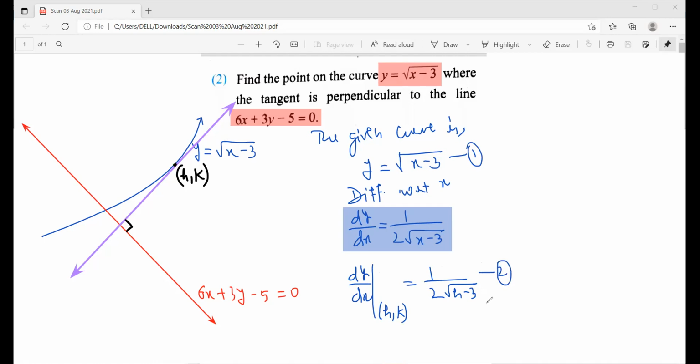It is the slope of the said tangent at h comma k. I write, therefore, slope of tangent at h comma k equals 1 upon 2 root of h minus 3. This is the slope.